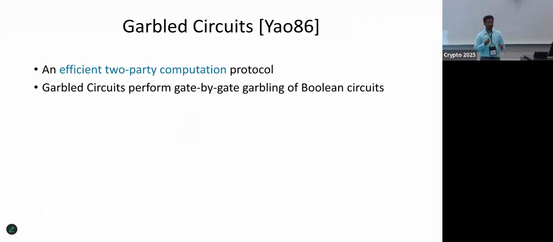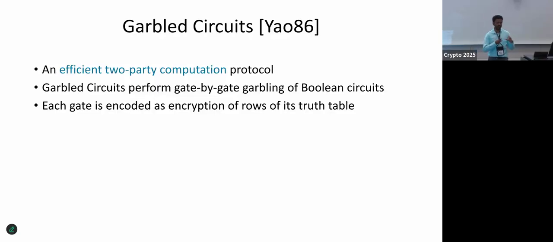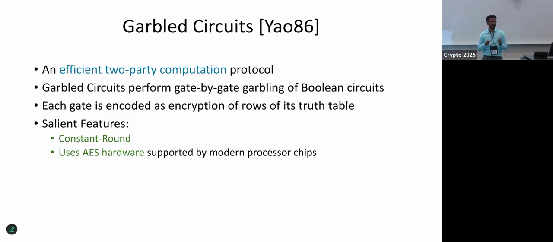Garbled circuits were introduced by Yao, which is an efficient two-party computation protocol. It garbles a Boolean circuit gate by gate. That is, it encodes each gate as an encryption of the rows of its truth table. The nice feature about garbled circuits is that it is constant round and it makes black-box use of AES, which is supported by modern hardware chips.